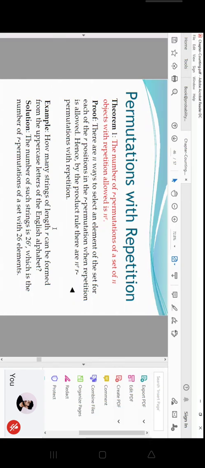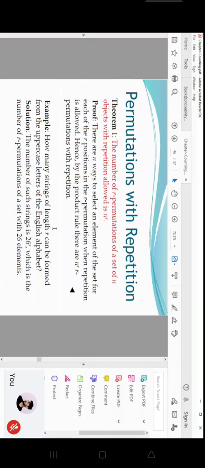Now, once the first element is placed, how many remaining places are there? n minus 1 remaining places are there. If you have placed the first element at any particular position, the remaining places are n minus 1. But because repetition is allowed, the same place you occupied earlier you can utilize further.